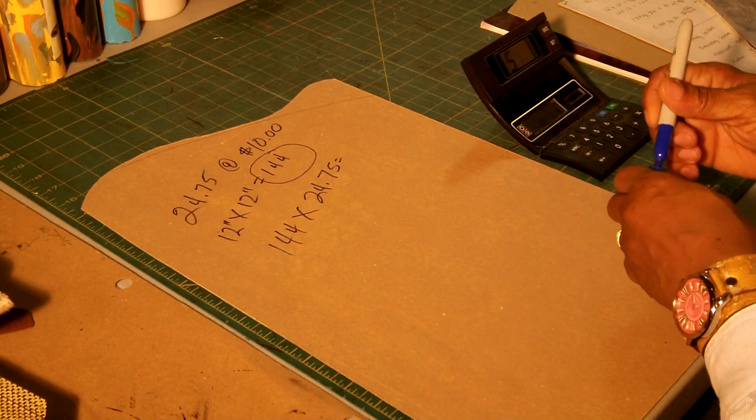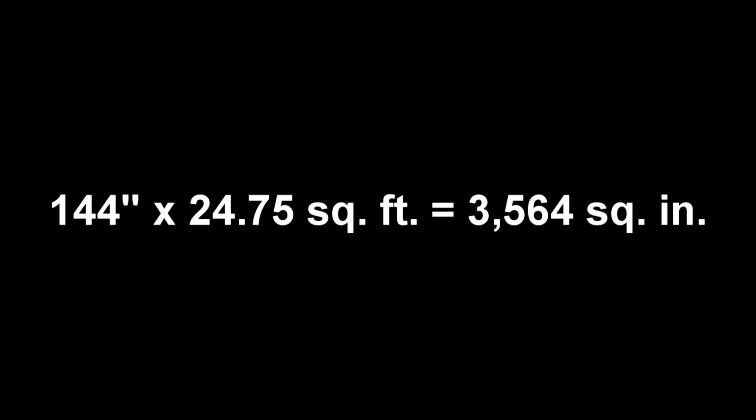If we take 144 times 24.75, it equals 3,564 square inches.